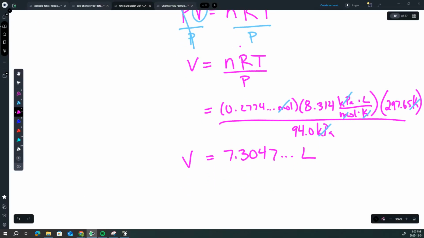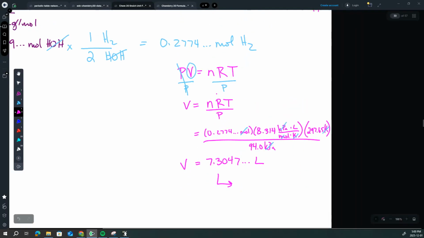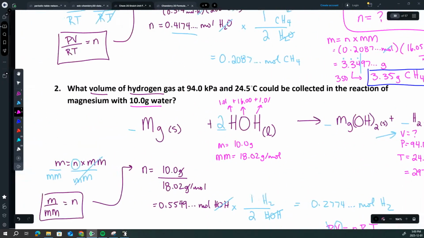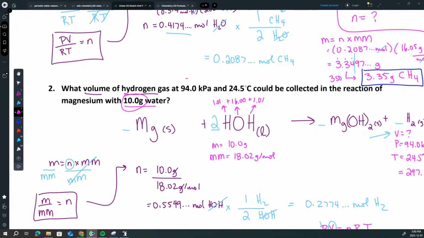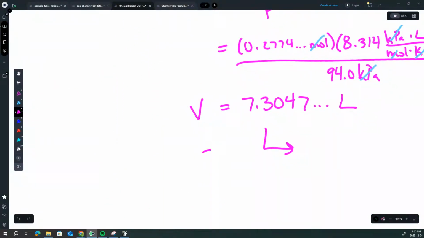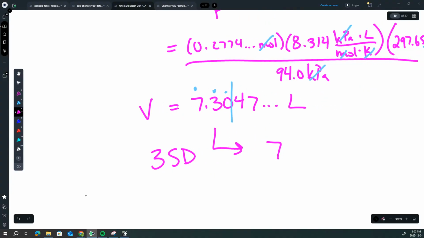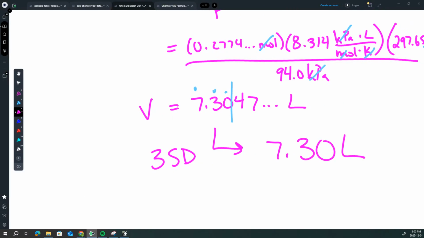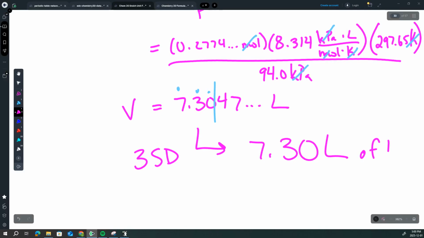And that's in liters. All right, how many sig digs do we have? Looks like all of our numbers given are in 3 sig digs. So I have to make sure my answer is in 3 sig digs. So counting from the far left, 1, 2, 3, there's my cutoff line. So we have 7.30 liters of hydrogen gas.